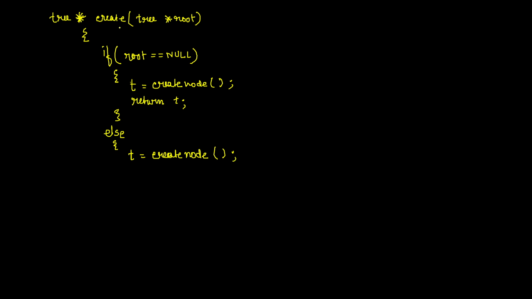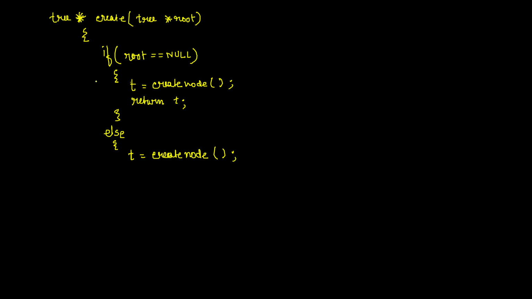So that's why you can do one thing also: you can keep this line, t equal to create node, even before the if statement. Since this statement is within both if and else, the execution of this statement is conditionless.